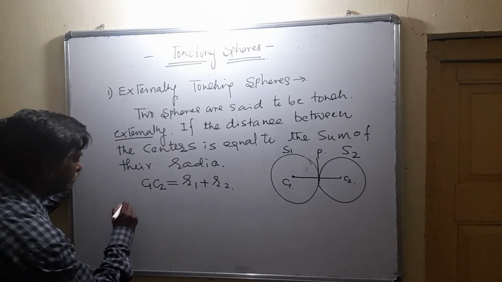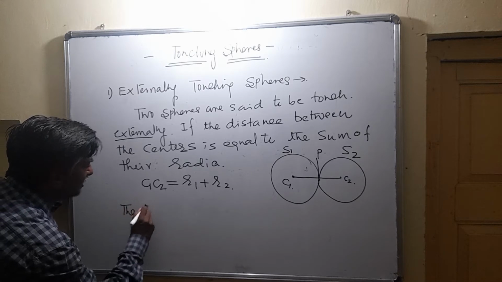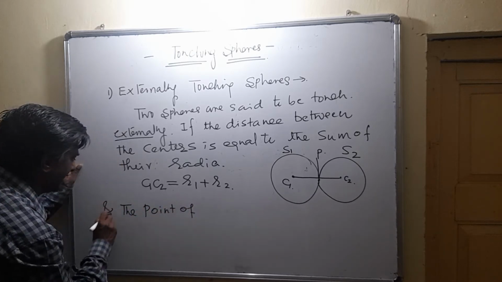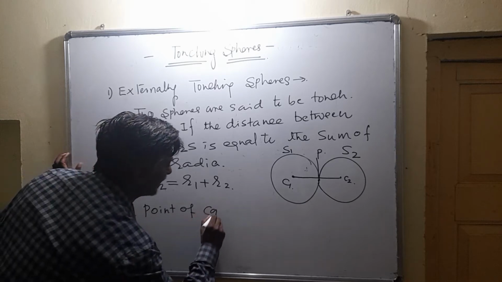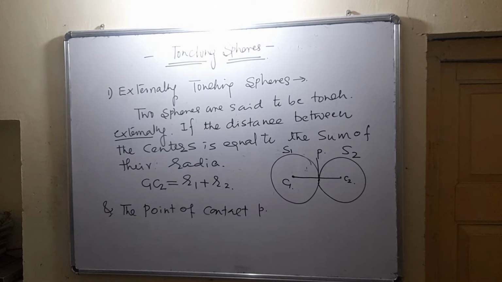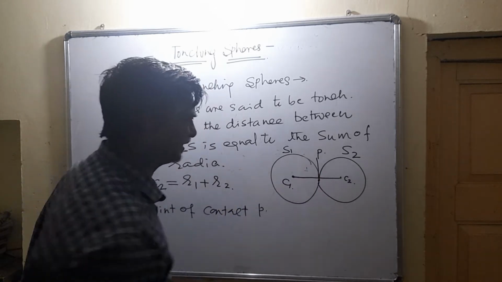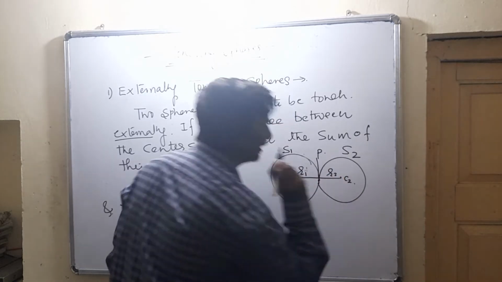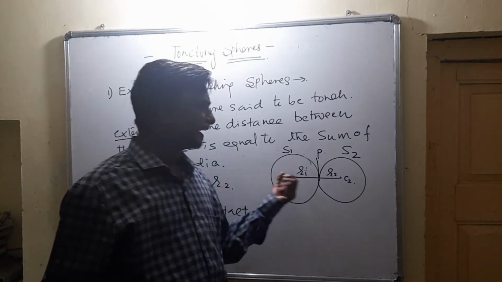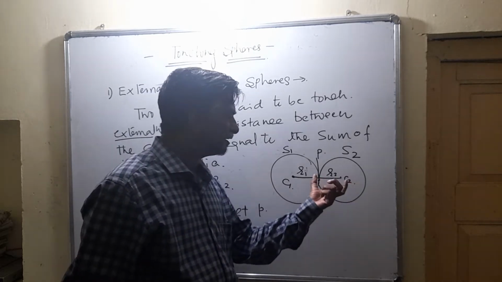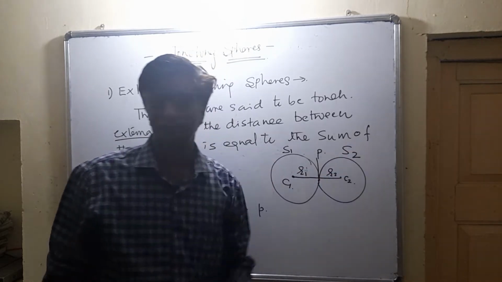And the point of contact P. Here this is R1, this is R2. R1 is the radius of sphere S1, R2 is the radius of sphere S2.